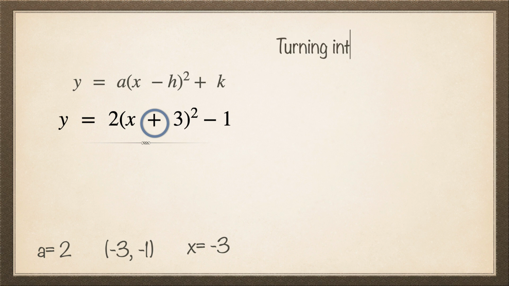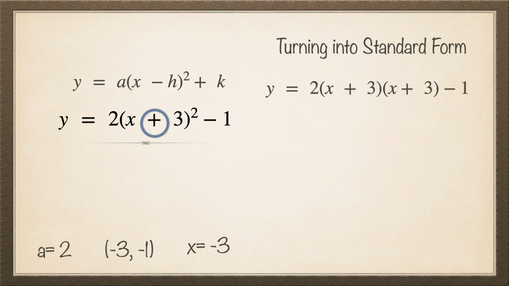And when I do that, notice I have here that quantity squared. So that means that I have x plus 3 times x plus 3. So I have here y equals 2 times x plus 3 times x plus 3 minus 1. Order of operations, okay, say multiply from left to right.